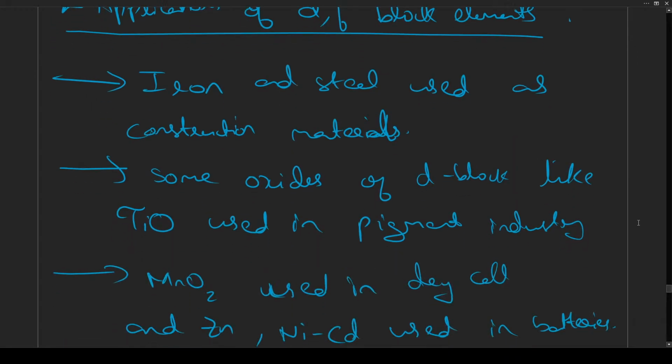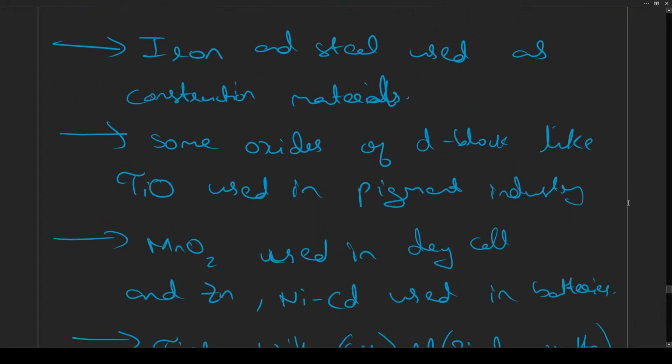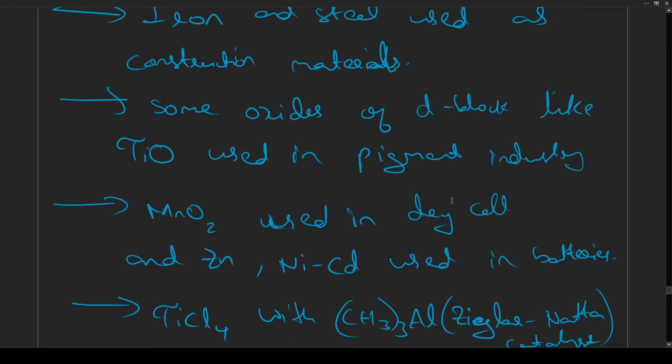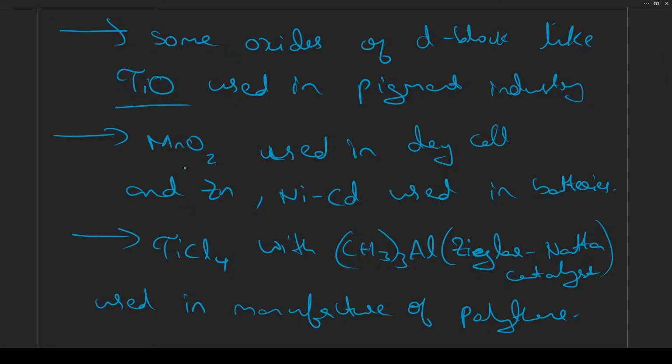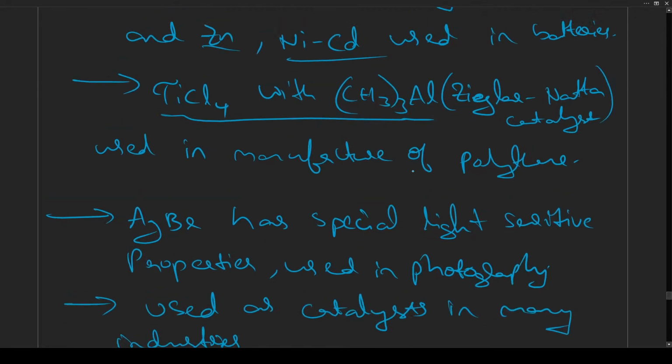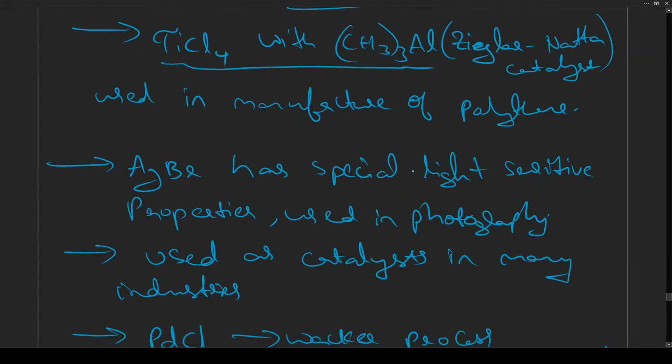Let's read them again. Iron and steel are used as construction materials. Some oxides of D block, like titanium oxide, used in pigment industry. MnO2, zinc, nickel, cadmium used in batteries. Titanium chloride with Al(CH3)3 is a Ziegler-Natta catalyst used in manufacture of polythene.